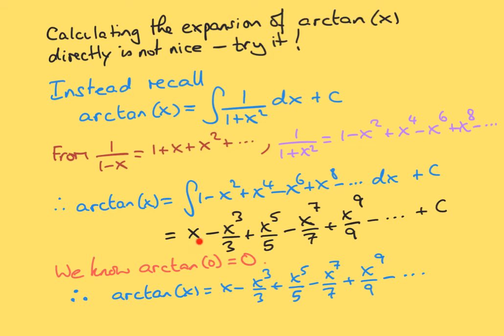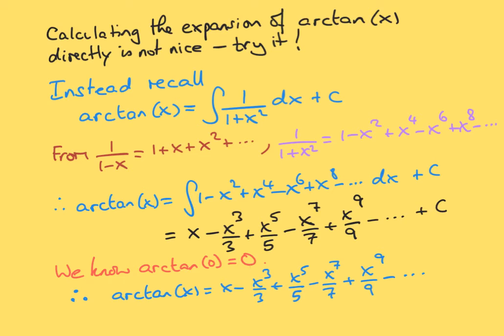And we see here the first term is x, and this would be the constant term, but we recall that the arctangent of 0 vanishes, and that's just saying that the angle that is defined to be the arctangent of 0 is 0, the tangent of 0 is 0.